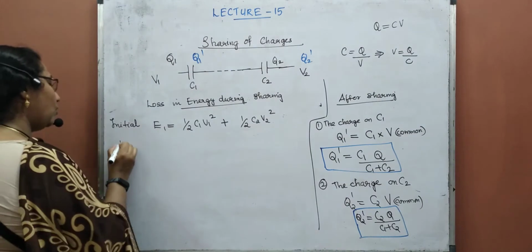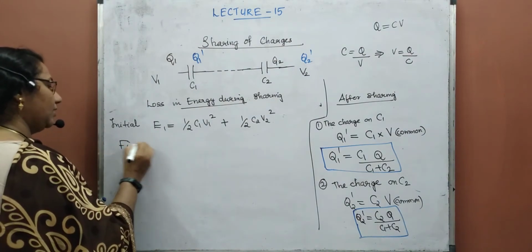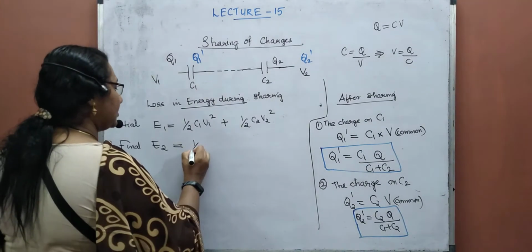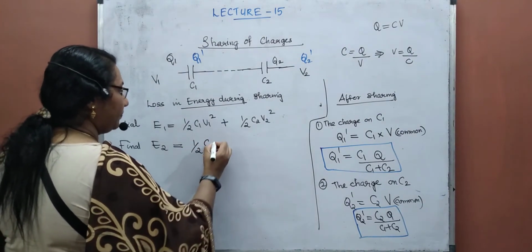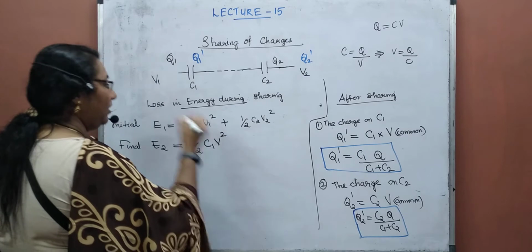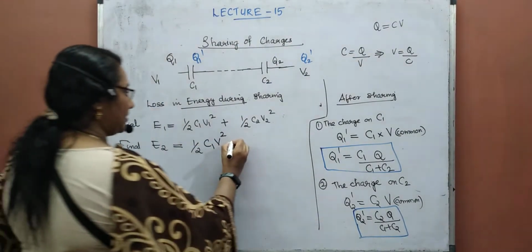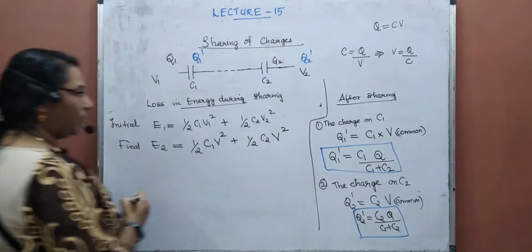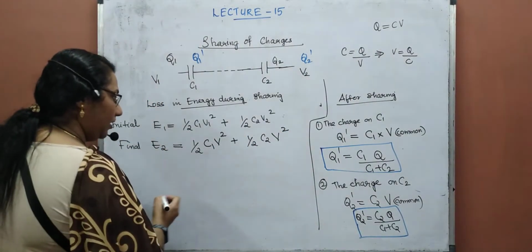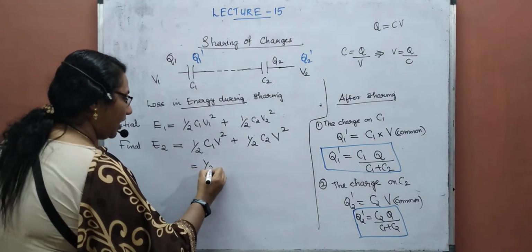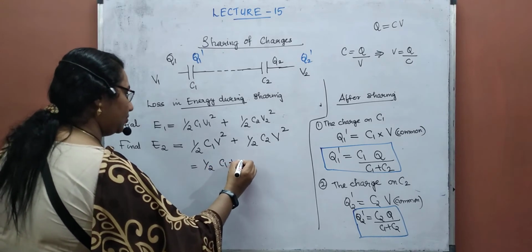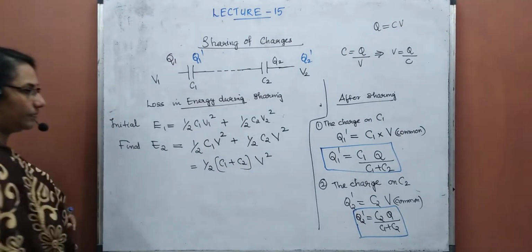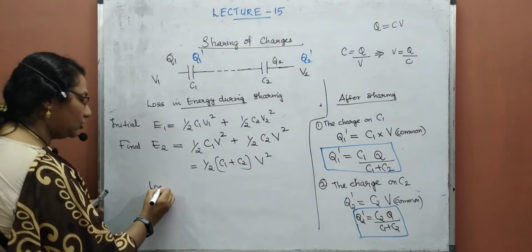Therefore, what is the final energy? Final energy E2 is equal to the first one, half C1 V square plus half C2 V square, with the common potential. Okay, is it clear? Or we can write half C1 plus C2 into V square. So what is the loss in energy?